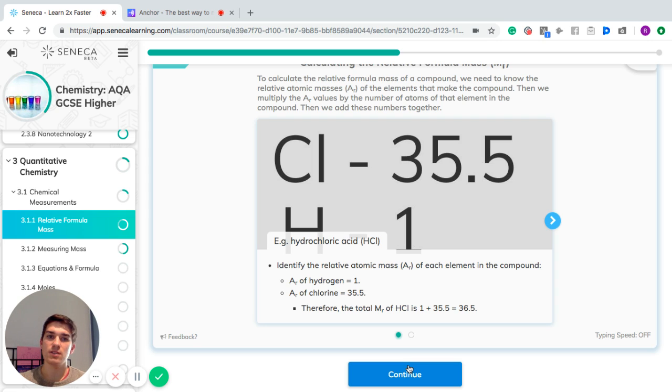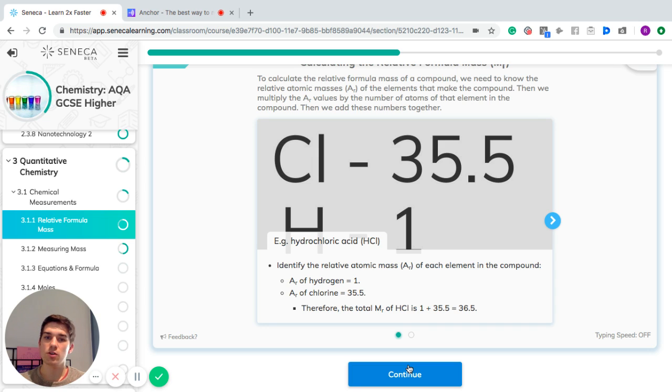In order to do that, we need to know the relative atomic mass of the elements that make up that compound. Now, if we multiply the relative atomic mass by the number of atoms of the element in that compound, we can then add these numbers together. So it sounds quite complicated, but it's really not in reality.